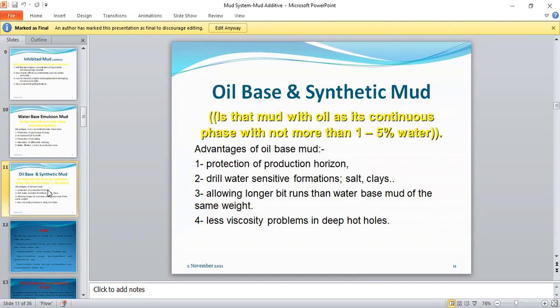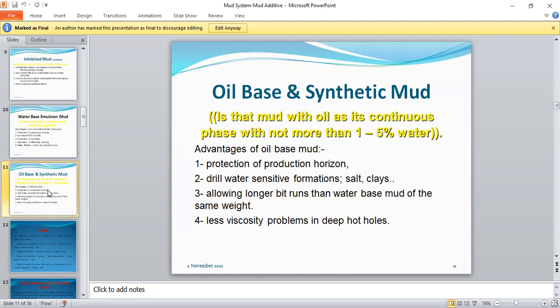Some people call it the juice, some call it show, they have different names for it. They call it the pay zone, where you have what you're looking for. So it protects the production zone.